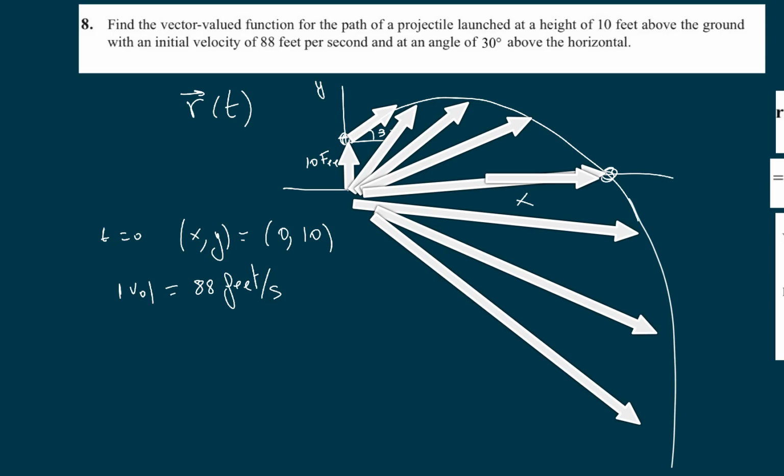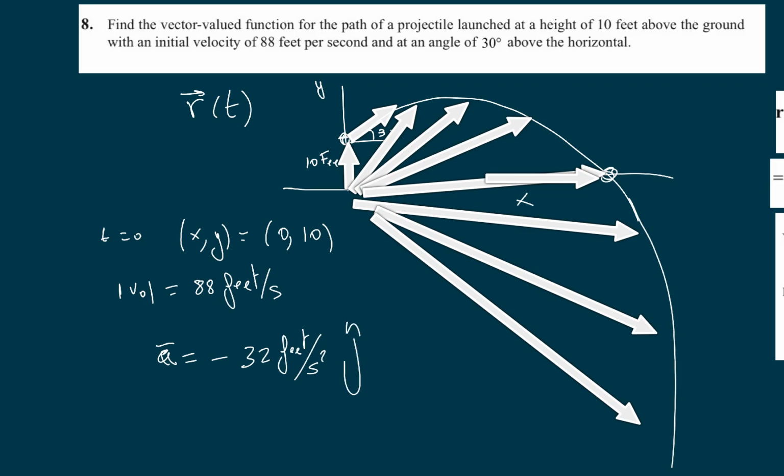So indeed it's the same problem that we have done. We start by rewriting our equation. The acceleration a of this problem is minus 32 feet per second squared in the j direction.